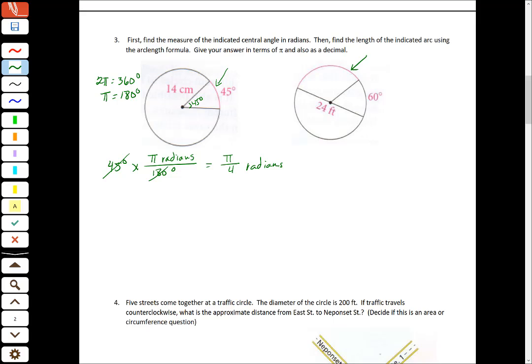Now, to find the length of this arc, sometimes people will find the full circumference and then find what part of the arc it is. But you don't really need to do that. The arc length is just r times theta because of the way that we have defined radians, right?